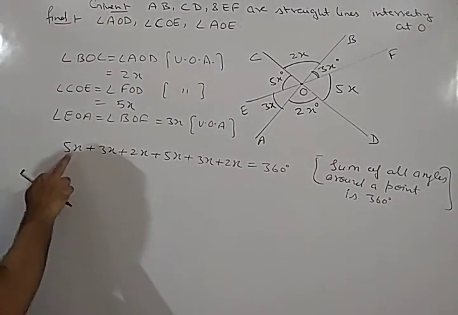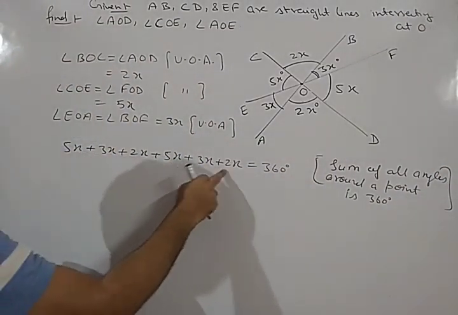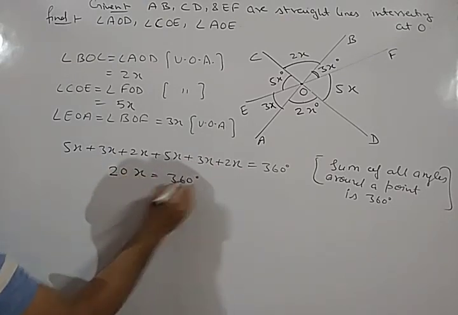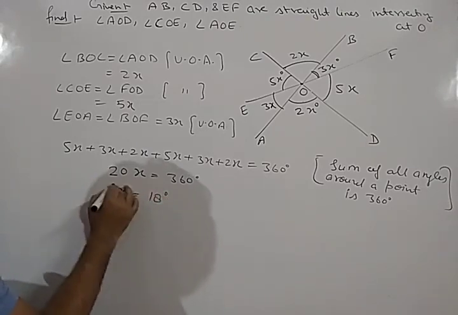Now you can solve it. 5 plus 3 plus 2 plus 5 plus 3 plus 2 is 20. 20x is equal to 360 degrees, so the value of x will be equal to 18 degrees.